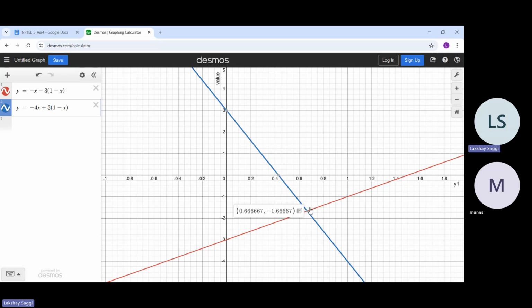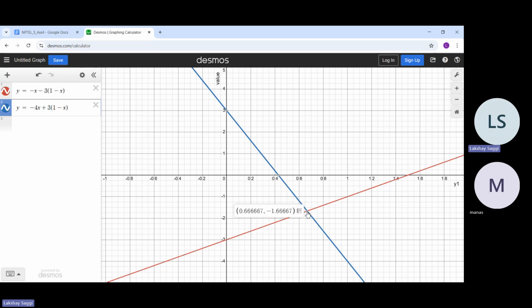But now note that the row player actually wants to minimize this value. So what is the y1 at which this whole value gets minimized? It's this minima point, right? Because before that everything is greater than this point, and after that also everything is greater. So this is the point at which it is actually minimized. The y1 value here is equal to 0.6666, and the value of the game is minus 1.6666.